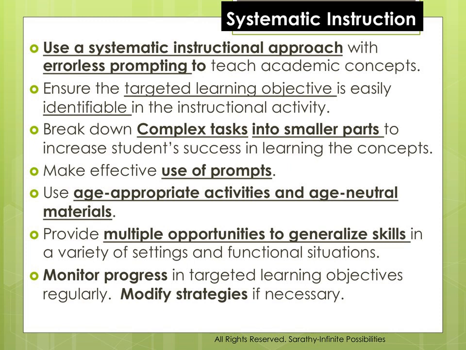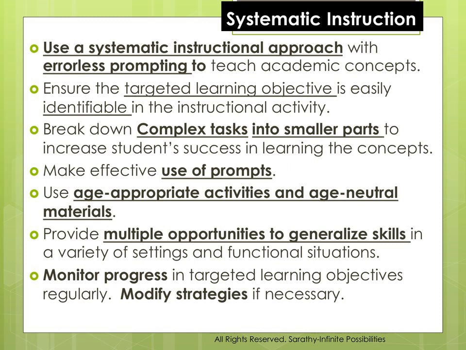Then you have to make sure that your targeted learning objective, identifying the characters, identifying the setting, is easily identifiable in your learning activity, and your complex tasks are adjusted and broken down. You provide the student with a sequence timeline. You provide the student with limited choices.